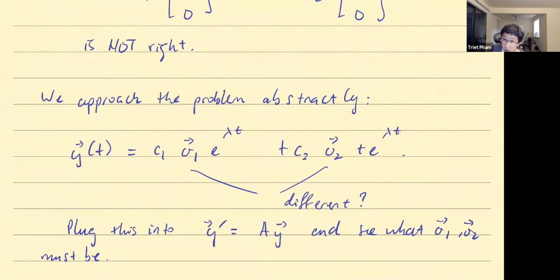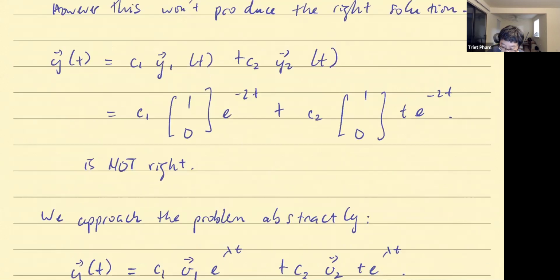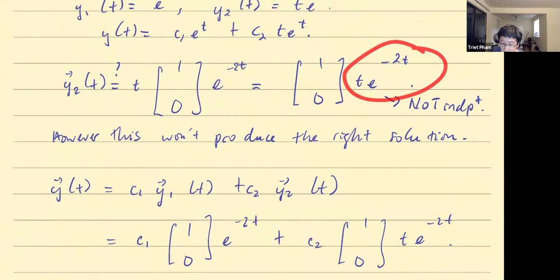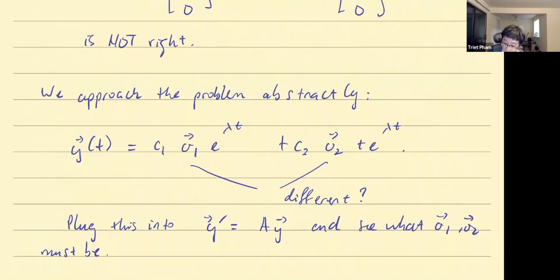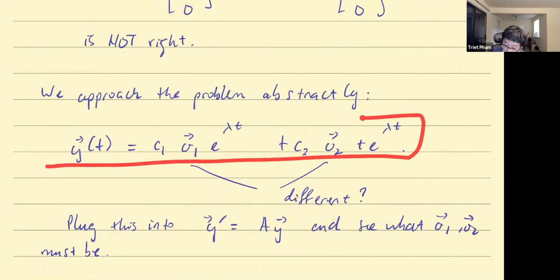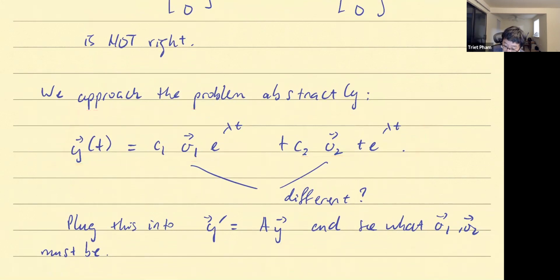In other words, playing with the pure guess multiplied by t won't work. So to discover the right structure, we start with the abstract guess, and then plug that into the equation and see what v1, v2 must be in terms of their roles in relation with A and lambda.